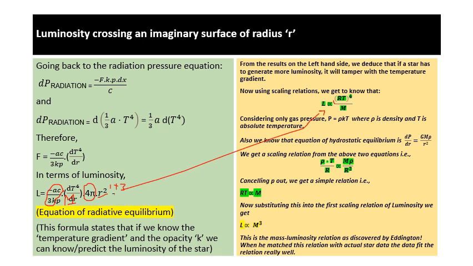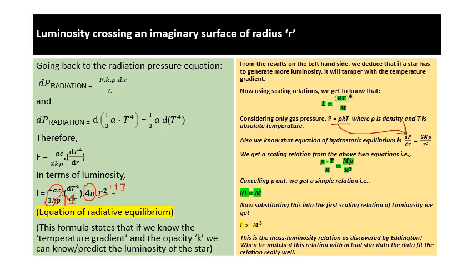Now considering only gas pressure, and we have the Boyle's law and the ideal gas equation, which is the pressure is equal to rho kT, where rho is the density and T is the absolute temperature. And we also know the hydrostatic equilibrium equation, which is the pressure gradient is equal to G m rho by r square. So we substitute this pressure here.